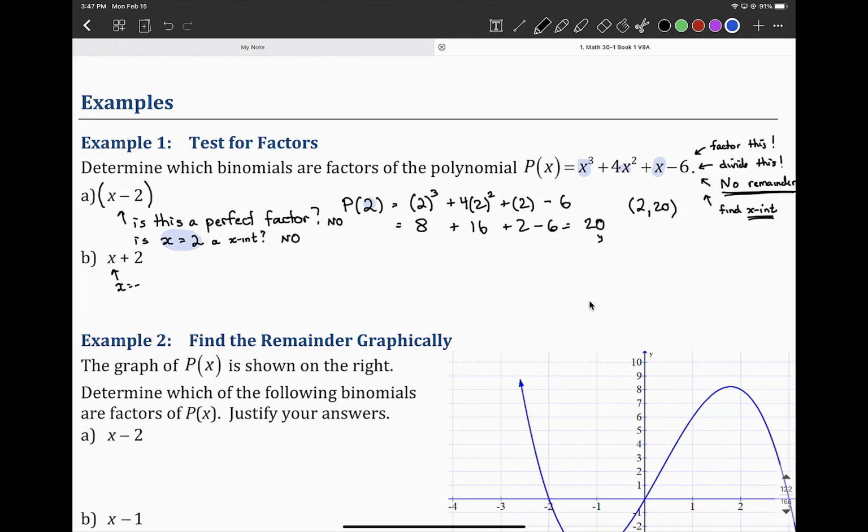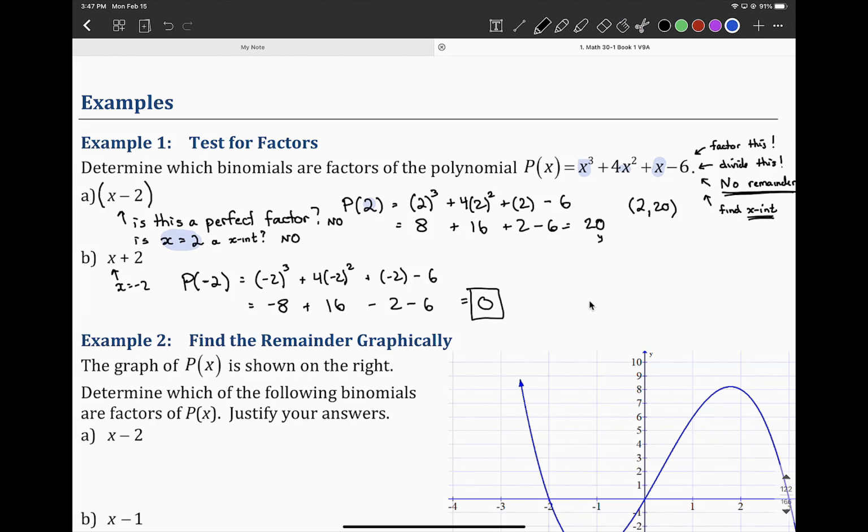How about when x equals negative 2? Will this work? What does this tell us? The notation says, let's figure out what p of negative 2 is. Let's let x equal all the negative 2's. Negative 2 cubed, plus 4 times negative 2 squared, negative 2, minus 6, which comes out to negative 8, plus 16, minus 2, minus 6, and boom, 0.